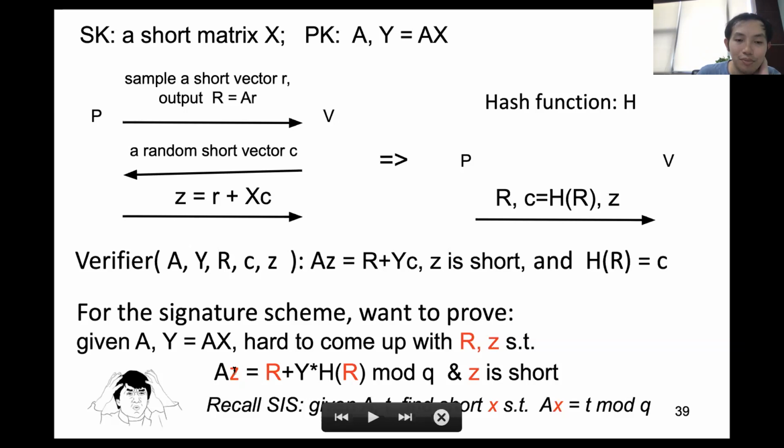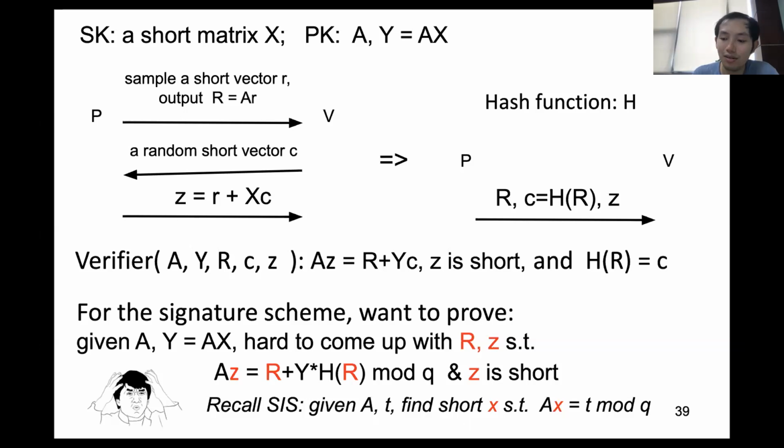Z appears in the domain of the one-way function, so Z is supposed to be a short solution, and R actually appears in the range. Recall that in the SIS problem, you're supposed to find a short X given a fixed T, but now you have some freedom of choosing the target. It's all over the place. It's not clear what's going on, and it has a similar feature to Schnorr's protocol.